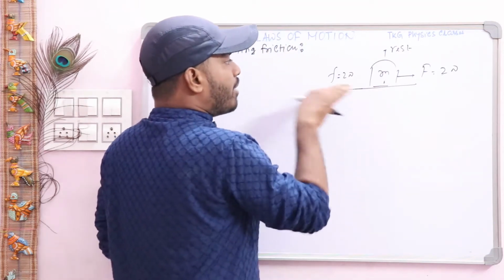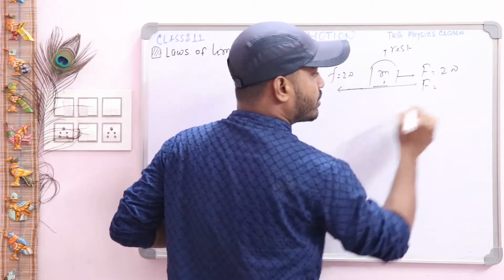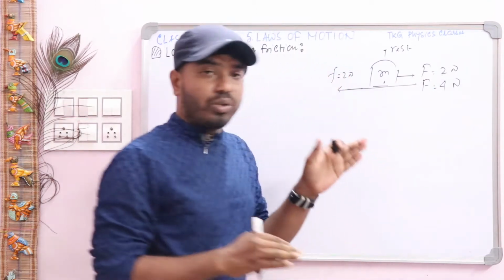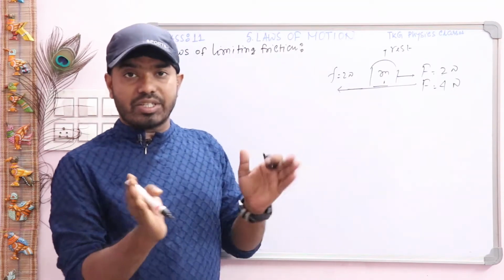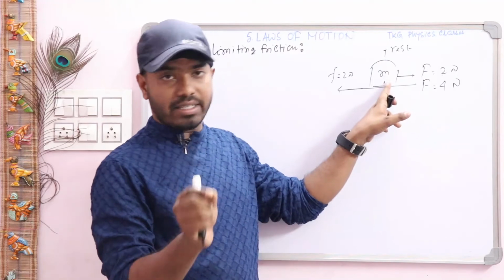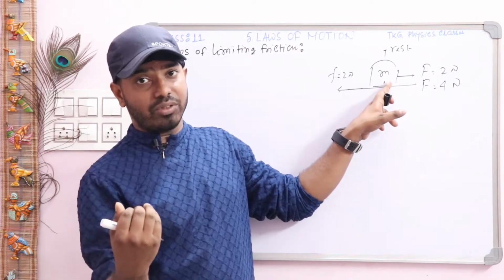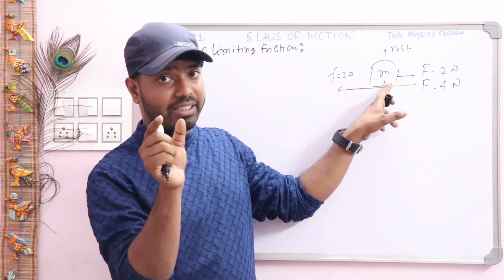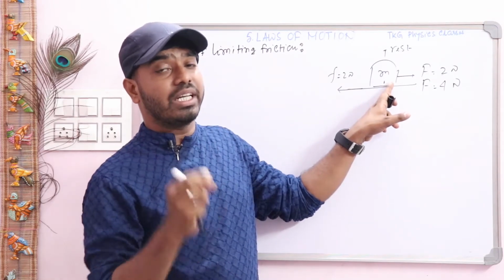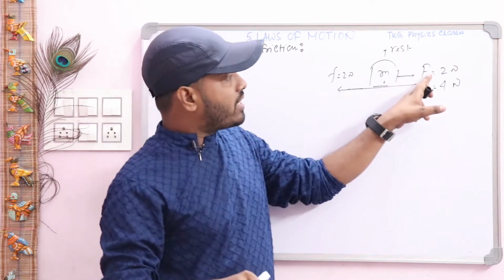Now suppose I am increasing the external force, I am giving F equal to 4 Newton. Initially you applied an external force of 2 Newton and the body was at rest, which means there is a frictional force which is named static. The frictional force which arises in the rest condition, and this static frictional force is exactly equal to the external force.